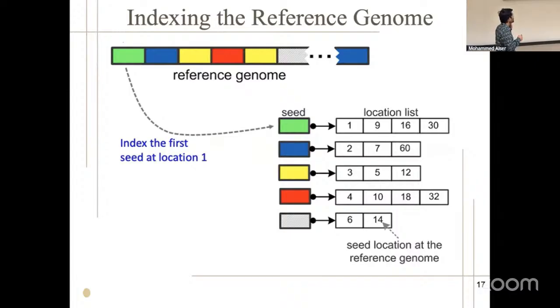This green box is a particular sequence, maybe something like SCTTG. We look for the positions of that particular sequence in the whole reference genome and save the locations of that sequence. Likewise, we look for all possible sequences in the reference genome and store their positions. That way, we get the hash table, which has the positions of different sequences.